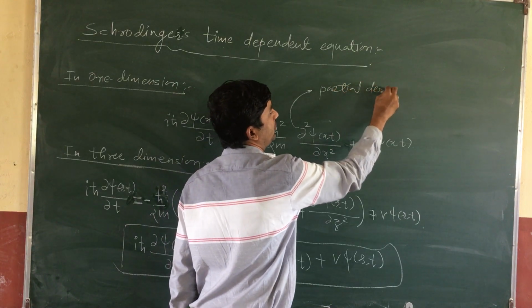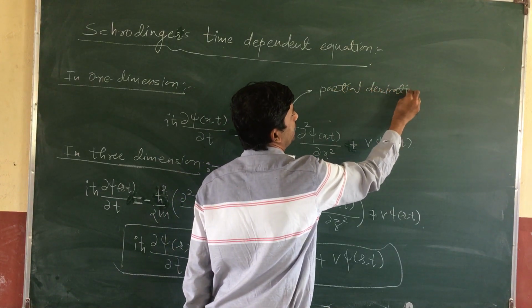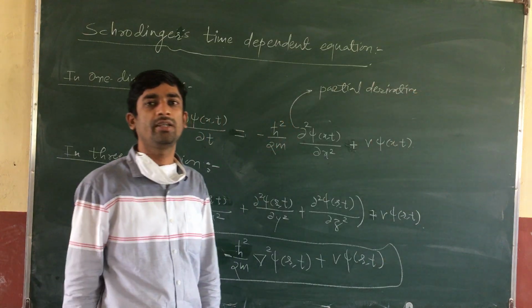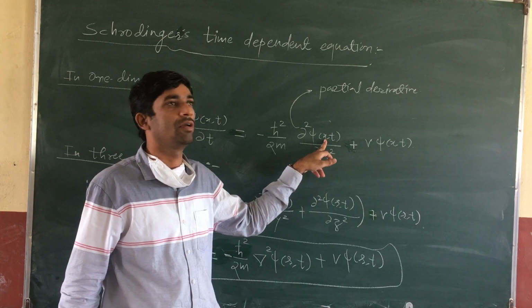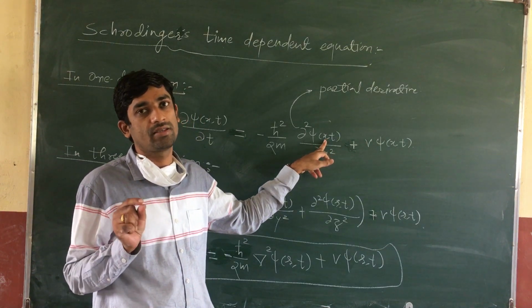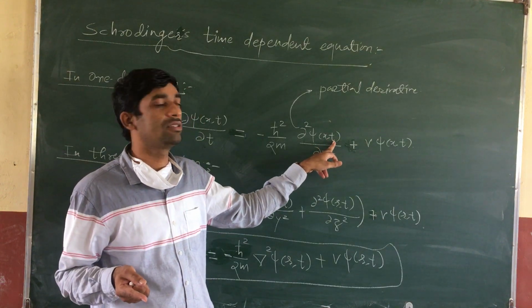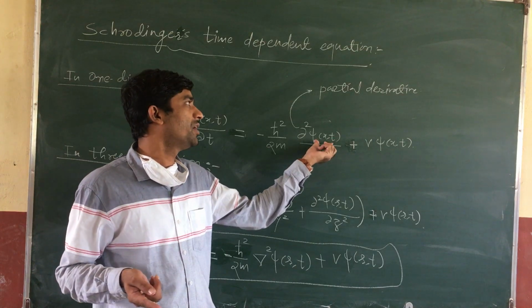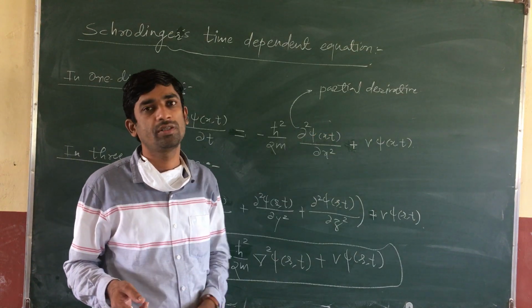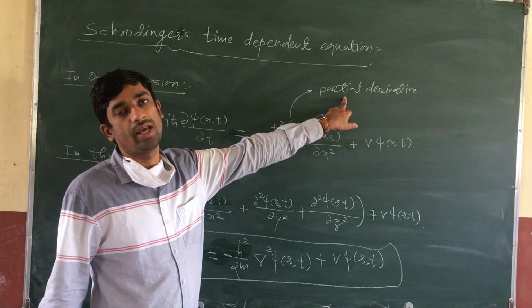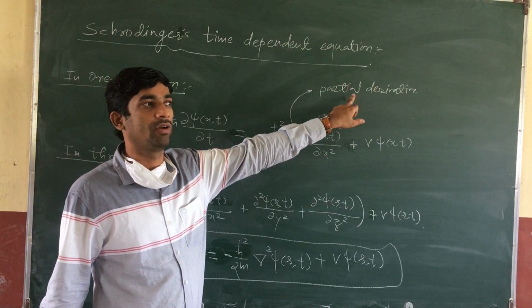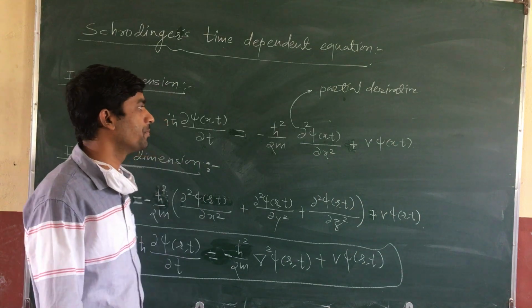Why have I said that it is a partial derivative? Because this function psi depends upon two variables: x is your position variable and t is your time variable. If a function depends upon more than one variable, then its derivative is known as a partial derivative.